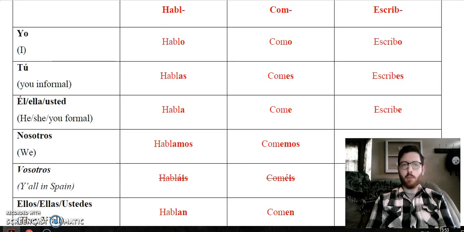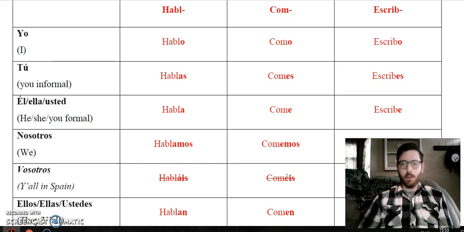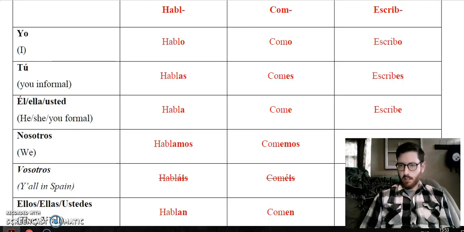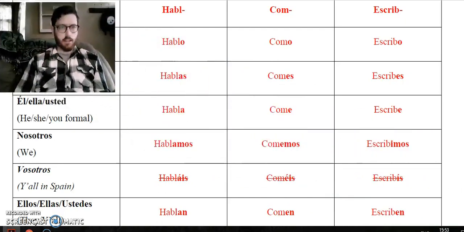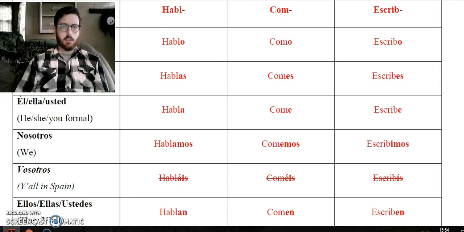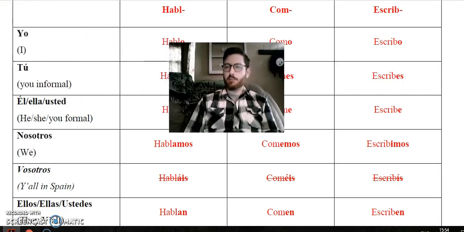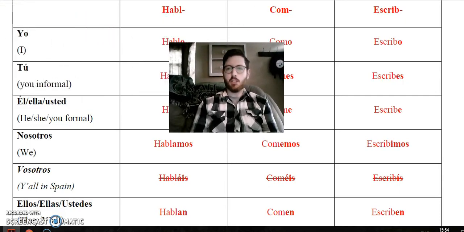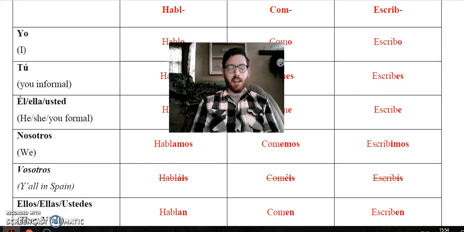For ER verbs like comer, it would be yo como, tú comes, él y usted come, nosotros comemos, and ellos, ellas, ustedes comen. For escribir, for IR verbs, it would be yo escribo, tú escribes, él y usted escribe, nosotros escribimos, and ellos, ellas, ustedes escriben.